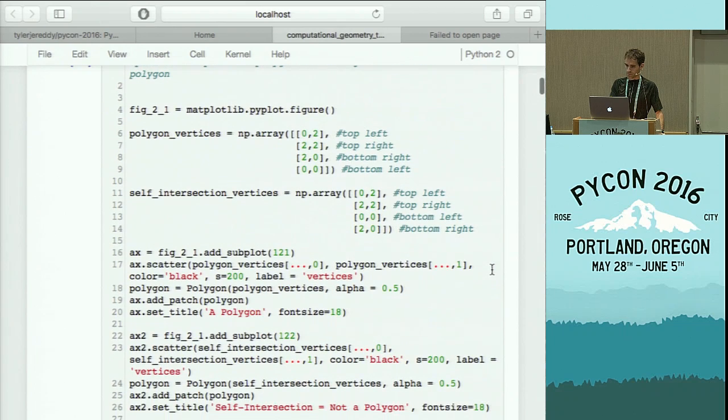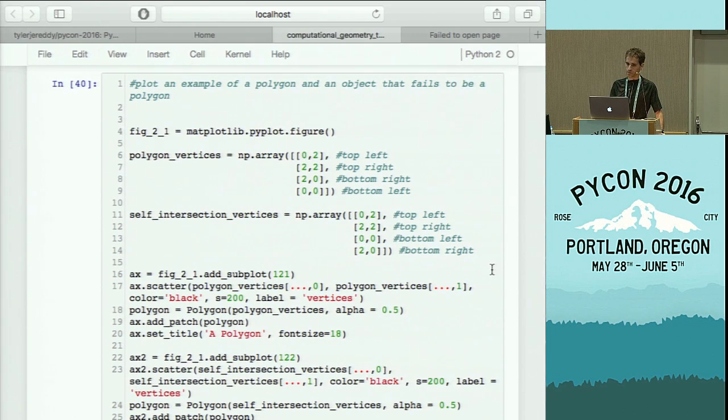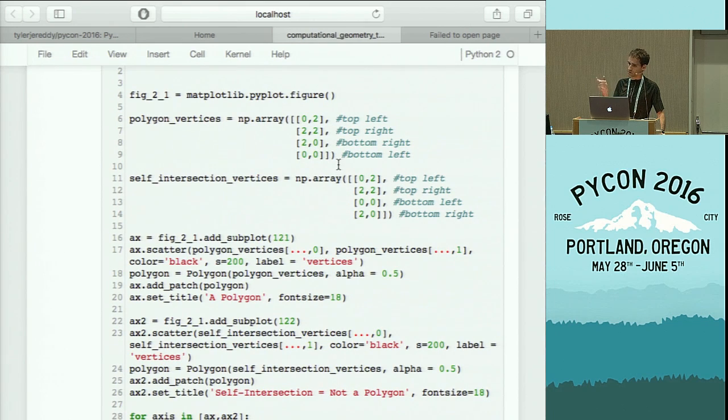So this example here is just to emphasize some basic properties of polygons. I'm using matplotlib for all of the plotting in the tutorial. I'm setting up two NumPy arrays of vertices and very carefully making sure that they're in the correct order. There are algorithms to sort the correct orders based on, for example, angles from a certain reference position.